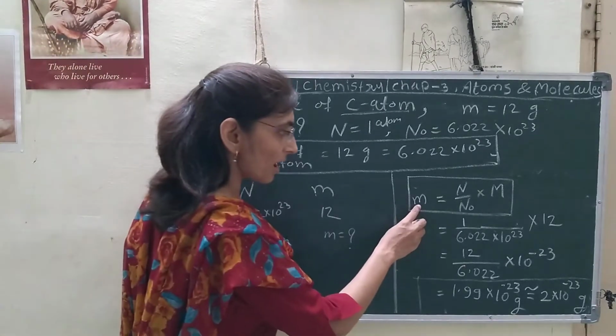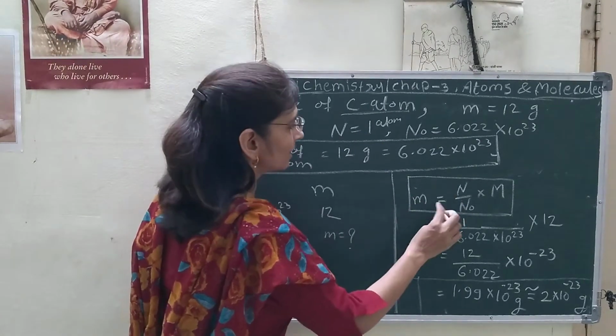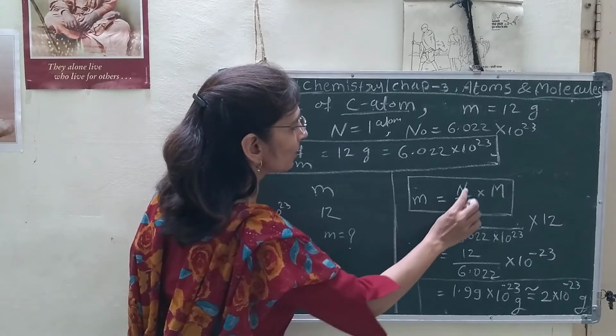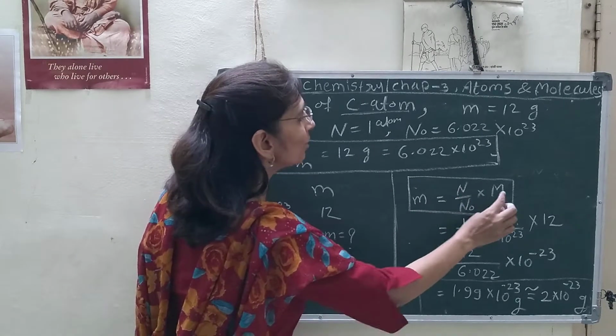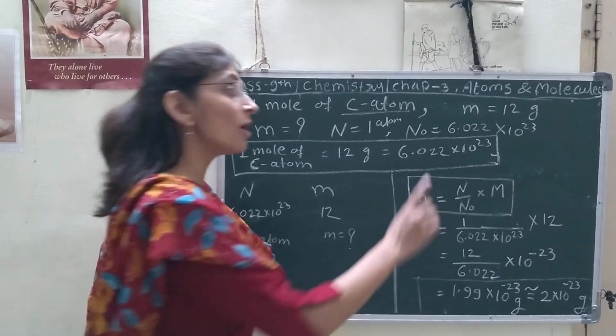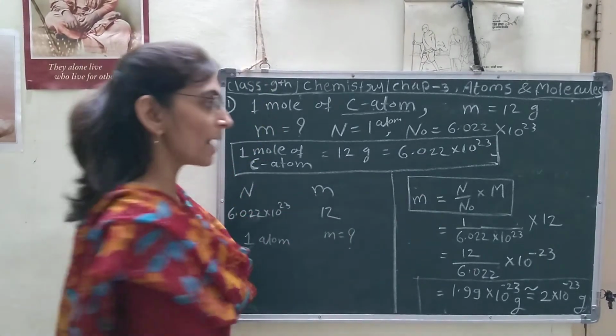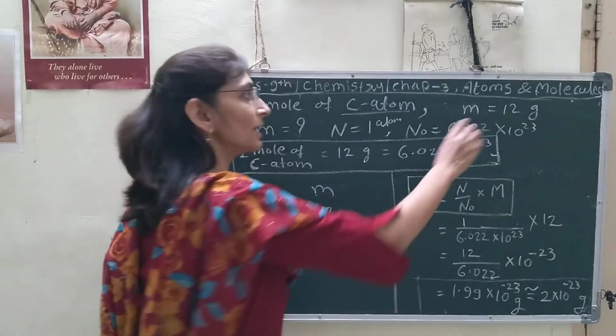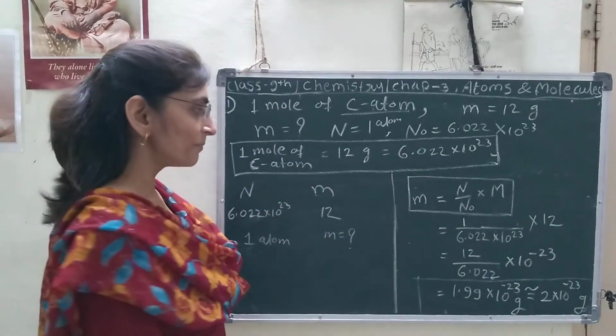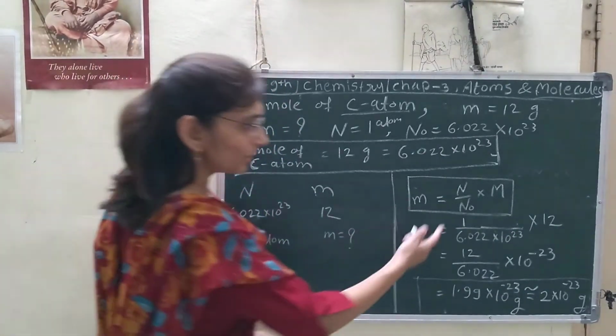For calculating the mass of 1 atom, you have to write down the formula: M is equal to n by N0 into atomic mass of carbon, that is 12 gram.